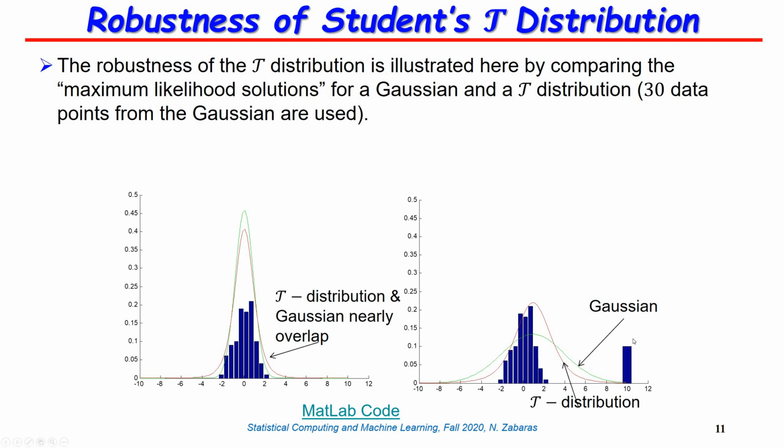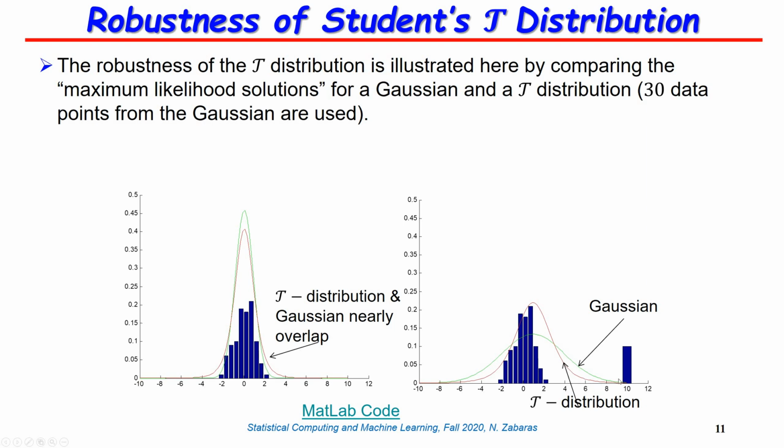If now you take an outlier, and this is an outlier, obviously this is the wrong data, and you try to do maximum likelihood estimation, you try to fit now a Gaussian and a student T distribution, you can see that the Gaussian now is being extended in a way that can interpret the observation of this data point here, but the student T distribution is robust and it changes very little.